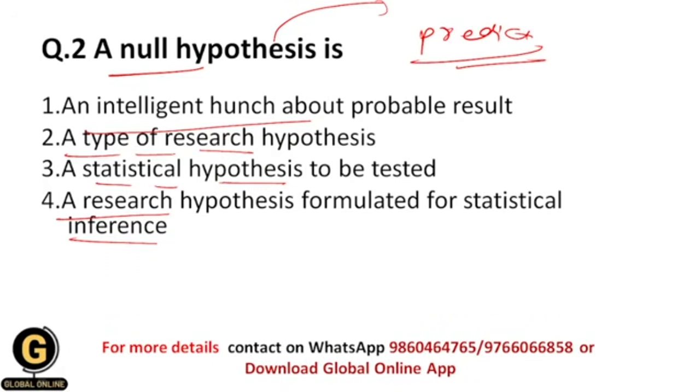and in the research methodology we only test the null hypothesis. Okay, this is the only hypothesis that we test in the research process, and that's why your correct answer should be 3.